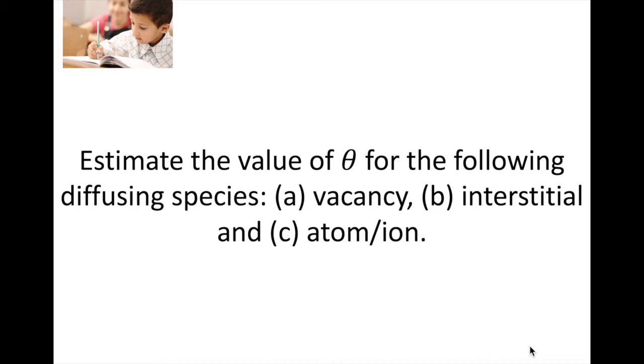So I want you to come up with an estimate of what you think the value of theta will be for each of the following diffusing species. Think about theta for a vacancy, theta for an interstitial site or interstitial atom, and theta for an atom/ion. See if you can come up with a best guess of those three, and then come back and we will talk more about this theta term.